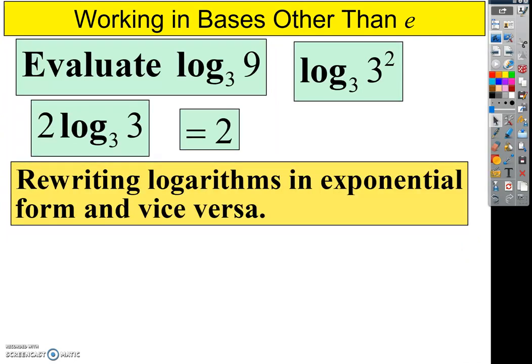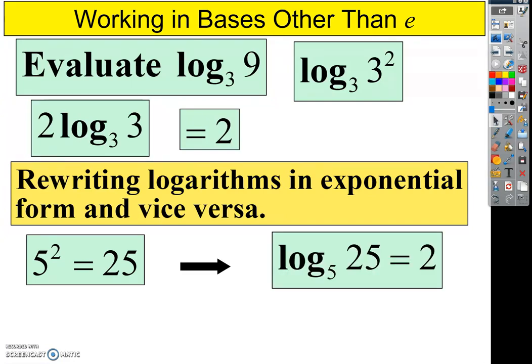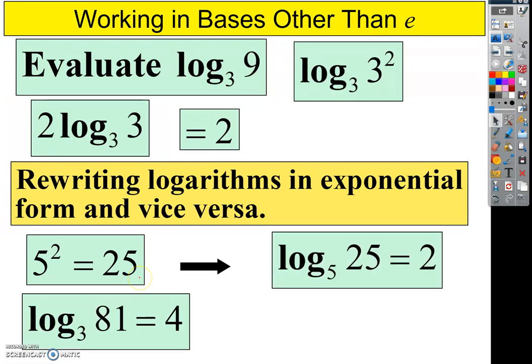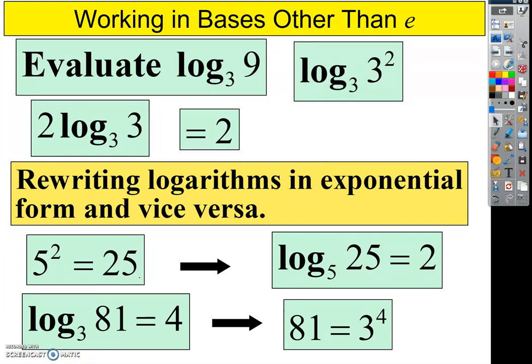You can do it that way, or a different way of thinking about it is rewriting it as log base 3 of 3 to the second power, pulling the 2 in front, and then log base 3 of 3 is 1, so you get 2. Or you can rewrite it as an exponential function in the first place, so this one goes back and forth to that one, and so on. We already know this. Again, we're just reminding you of something you already know.